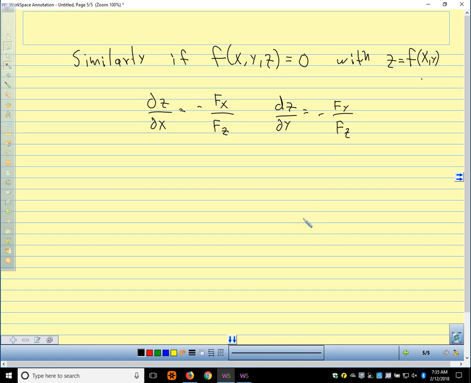Is that dz/dy curvy or straight? This would be curved because z is a function of x and y. So that would be a partial derivative. So we can find the partial derivatives of z with respect to x and y, and this should be a capital F, sorry, because this is small f.